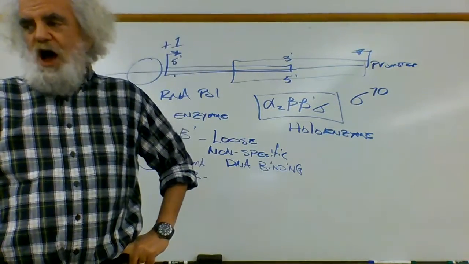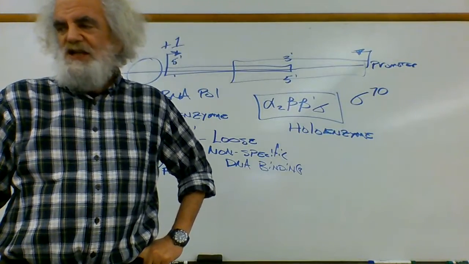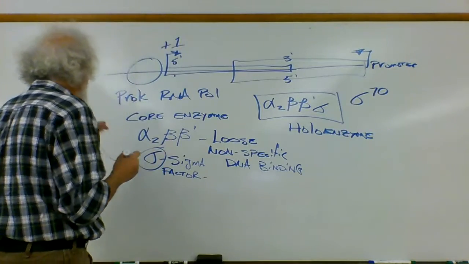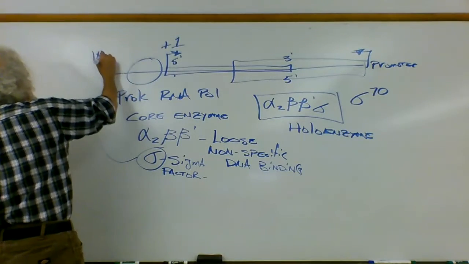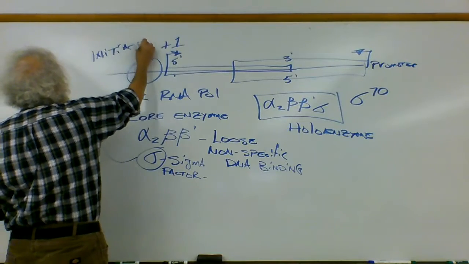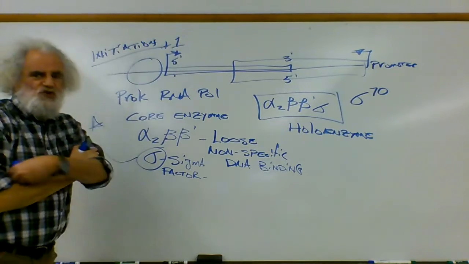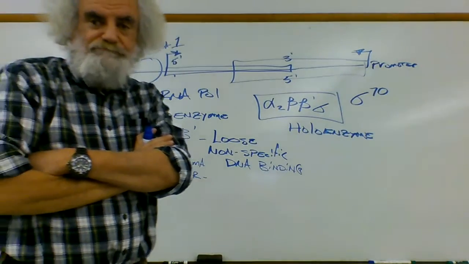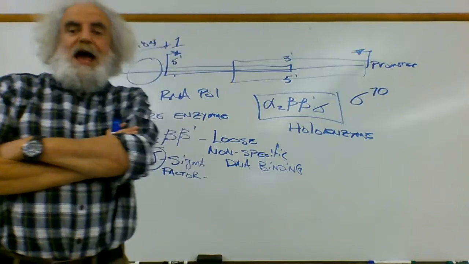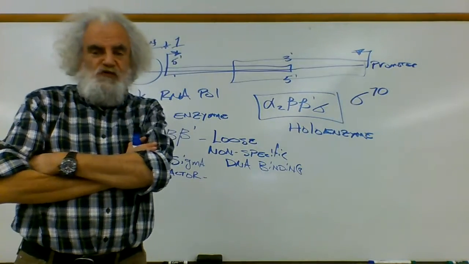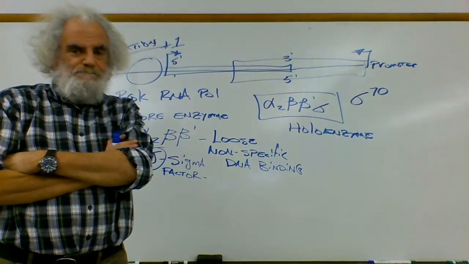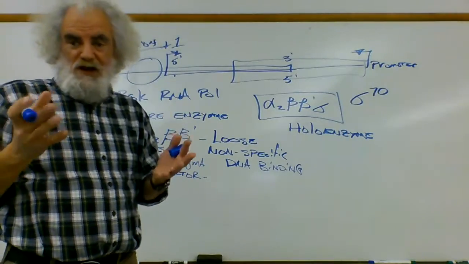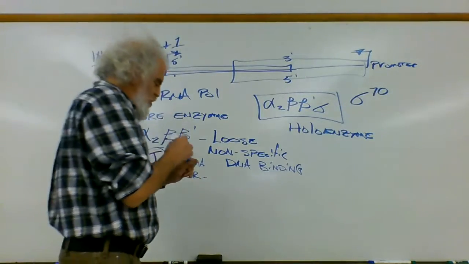Now, another thing to keep in mind as we're talking about transcription is this is all about transcription initiation. So we can control genes by deciding whether the RNA polymerase is going to bind to the promoter, transcription initiation. Now, another way we can control genes is an interesting kind of game that is really primarily prokaryotic, and it has to do with termination.